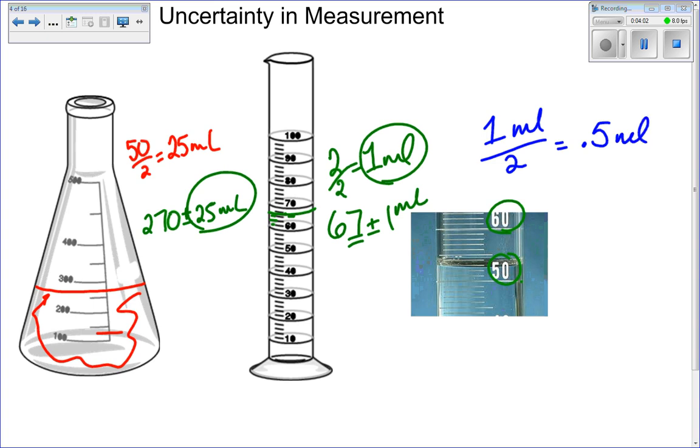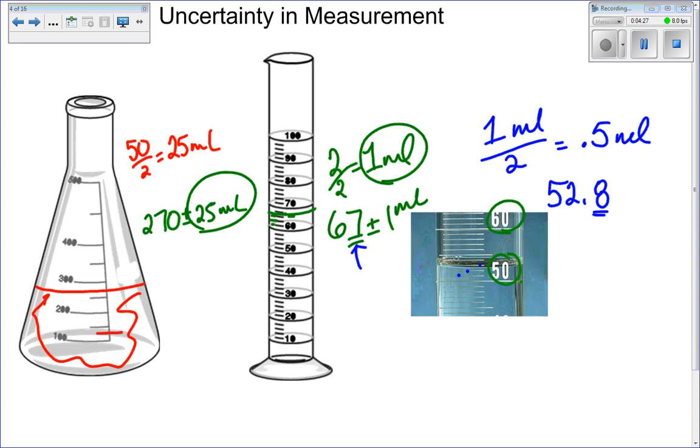So if I was trying to read where this is at, I know that I'm at 50, 51, 52, and then I'm going to read the bottom of the meniscus, 53. It's not quite to the 53, so I'm going to say 52, let's say 0.8. This number right there is my guess. That is my uncertain number.